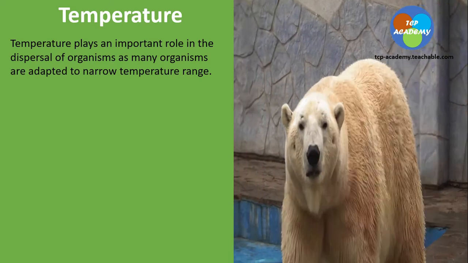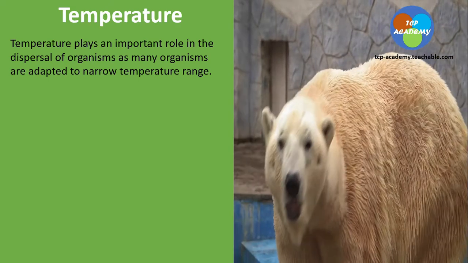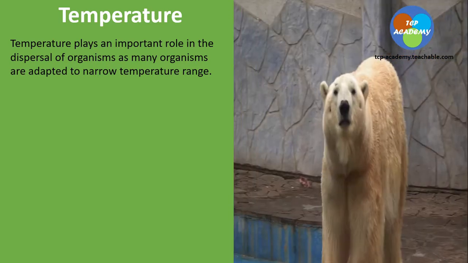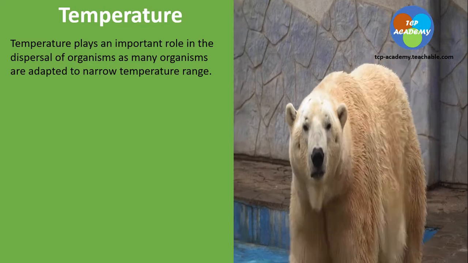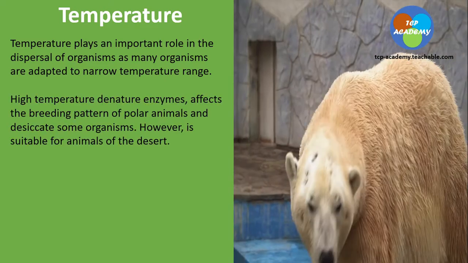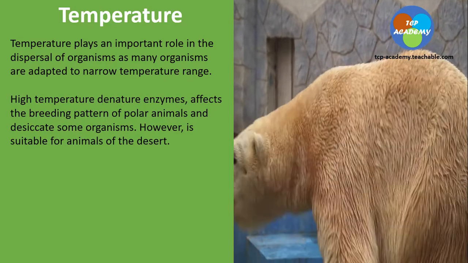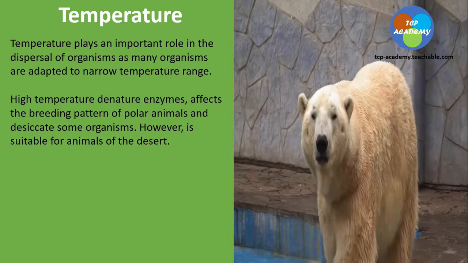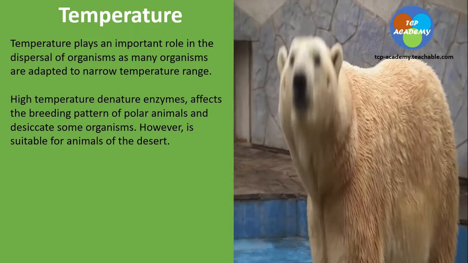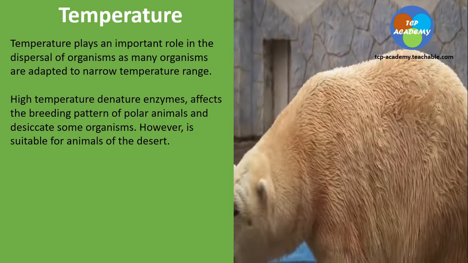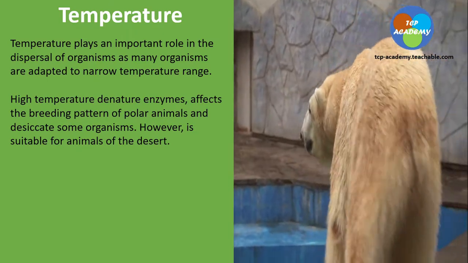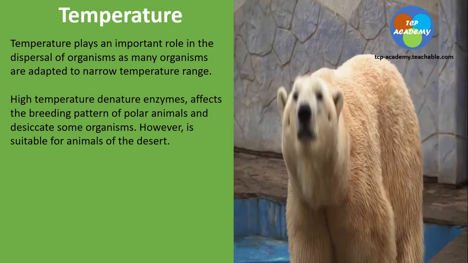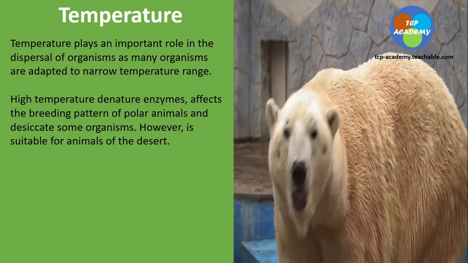Temperature plays an important role in the dispersal of organisms, as many organisms are adapted to a narrow temperature range. High temperature denatures enzymes, affects the breeding pattern of polar animals, and desiccates some organisms. However, it is suitable for animals of the desert.